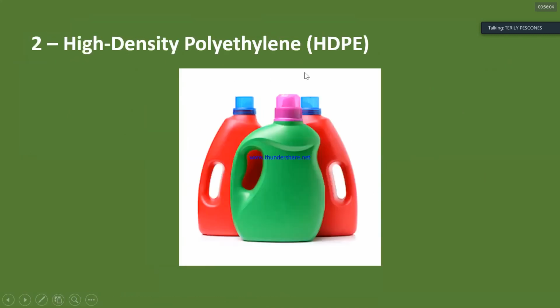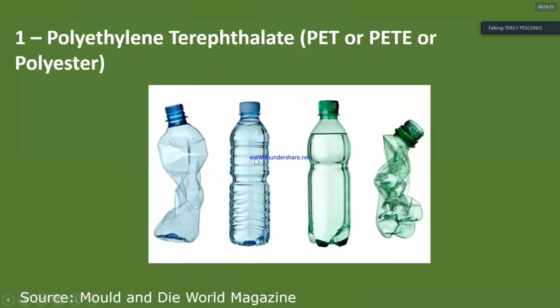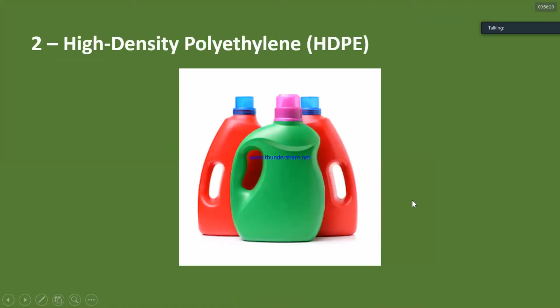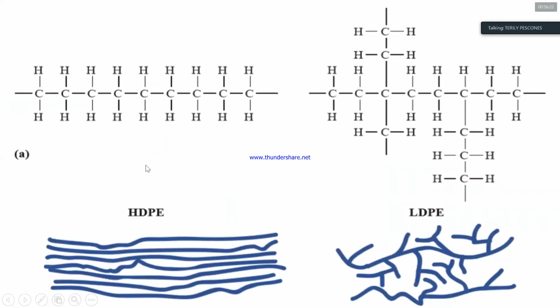Okay, then we have the HDPE. So, anong meaning ng HDPE? That is the high density polyethylene. Okay, HDPE. So, compared to the other one, mas harder itong mga plastic na to. So, HDPE, this is the high density, and then we have the LDPE, or the low density.